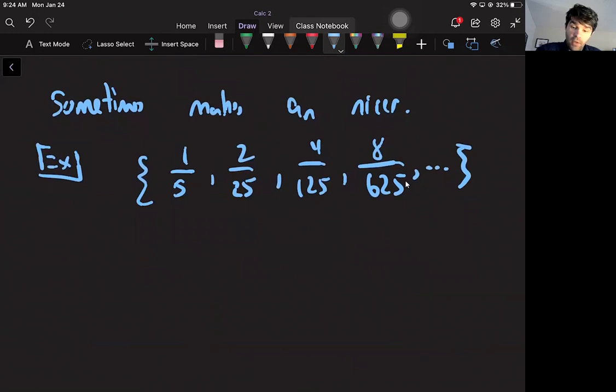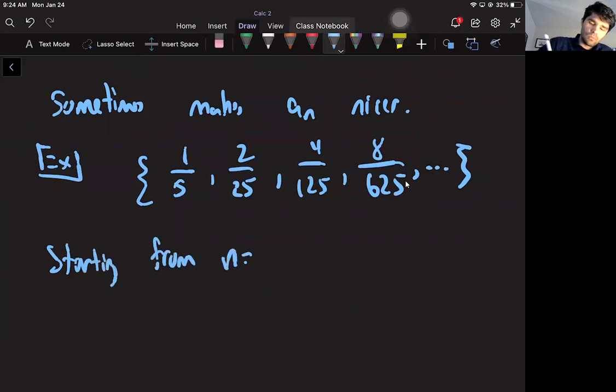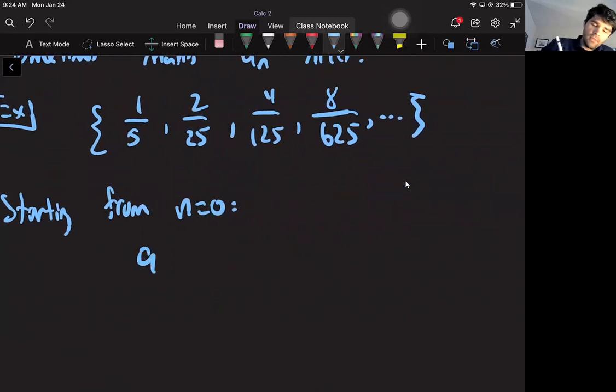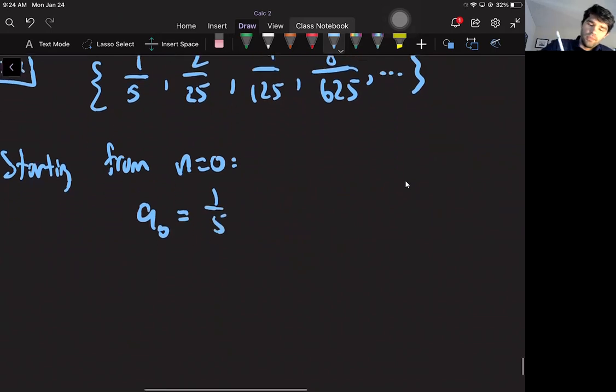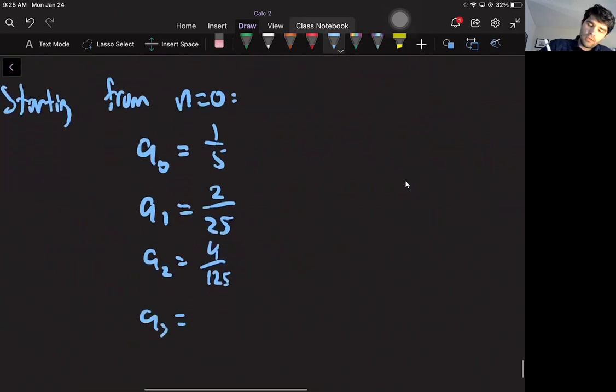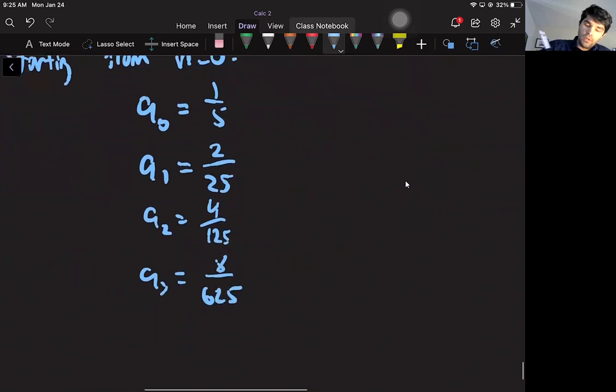Okay, so if I want to write this sequence starting from 0, then what I would say is A0 is 1/5 instead of A1 being 1/5. And then A1 would be the next one. And then A2 would be the next one. And then A3 would be the next one. And so on like that.